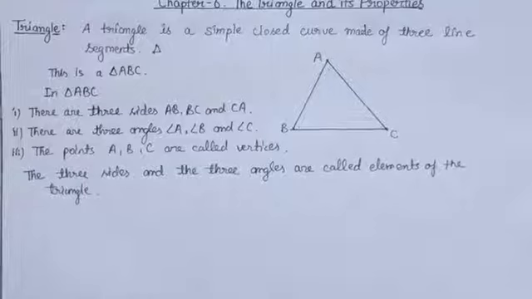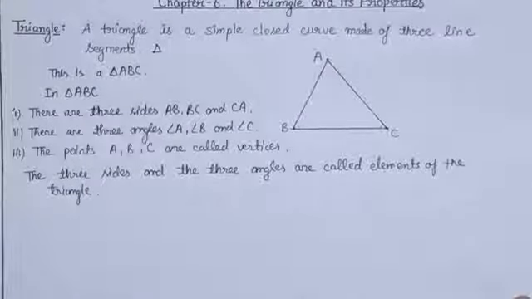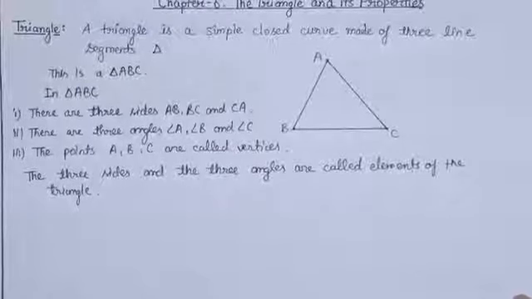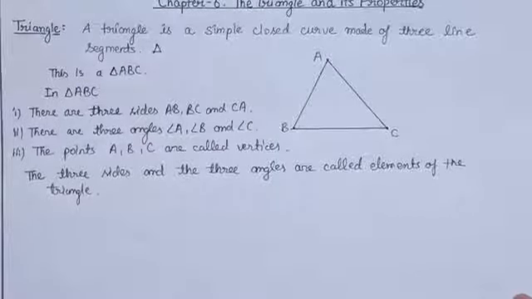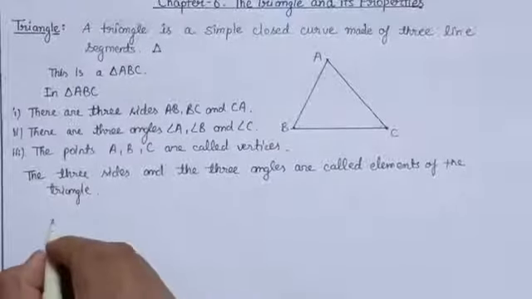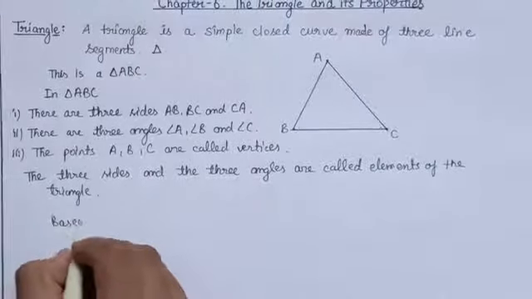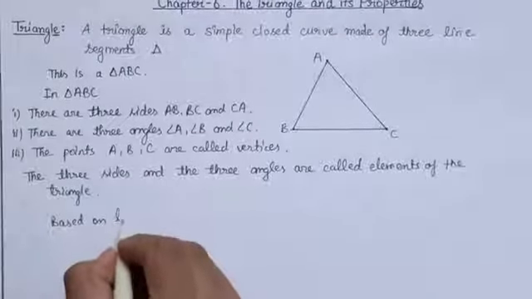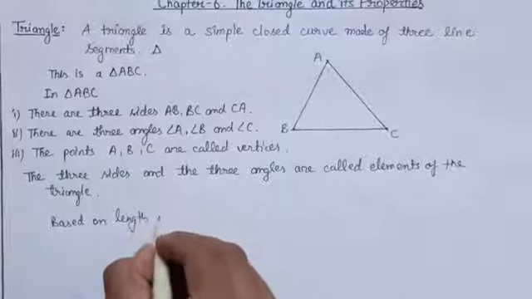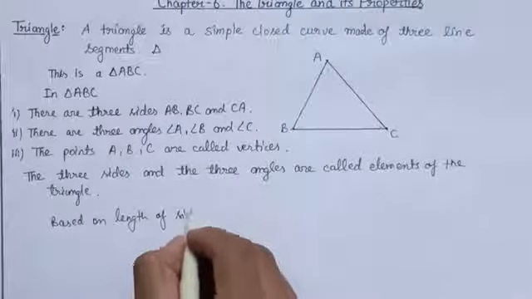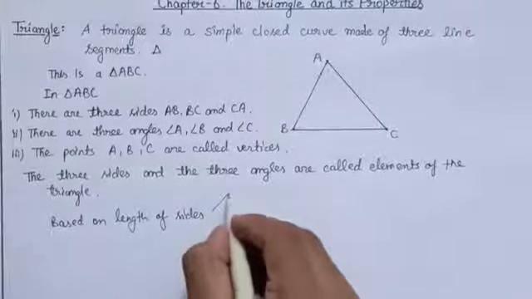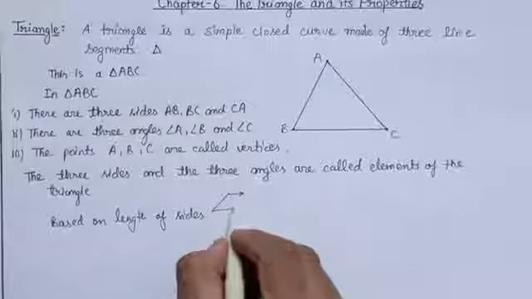Now students, triangles are classified into various types based on the length of their sides and the measurement of their angles. Based on the length of sides, triangles are classified into 3 classes.